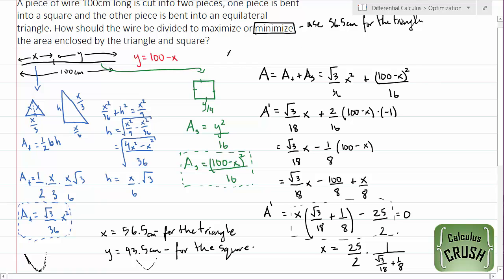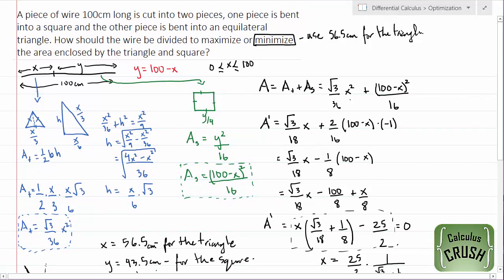So x is between 0. We can use nothing for the triangle, use it all for the square. Or we can do the opposite. We can use it all for the triangle and use nothing for the square. So let's check that. If x is 0, what is the value of our area?